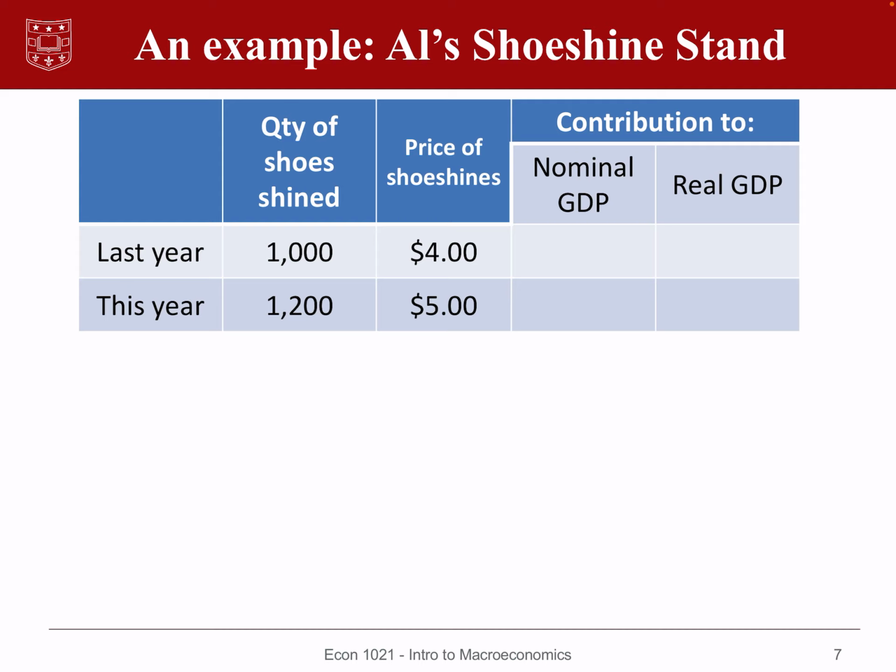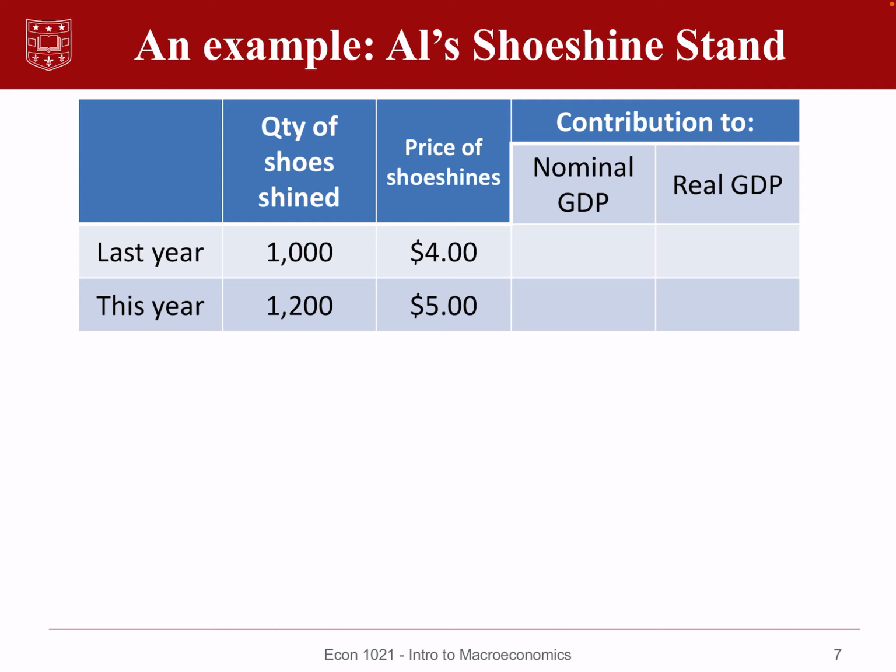So we have Al shining shoes. Last year he was able to shine 1,000 pairs of shoes. This year 1,200, and we have the respective prices of shoe shines. So what we're asking is, what did Al contribute to nominal gross domestic product? And that'll be what we consider first.